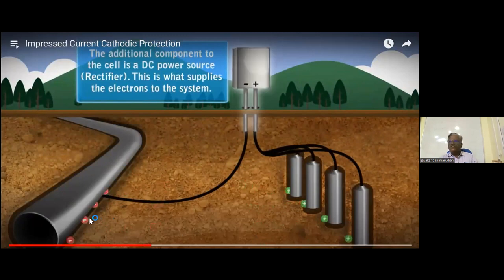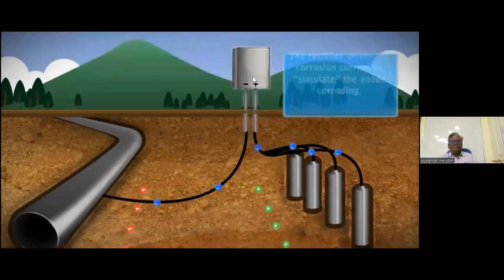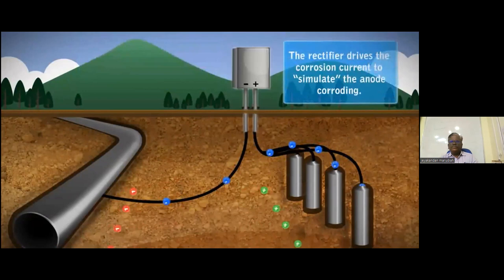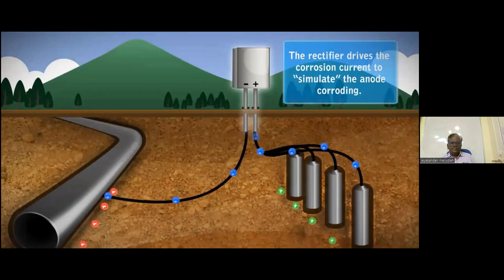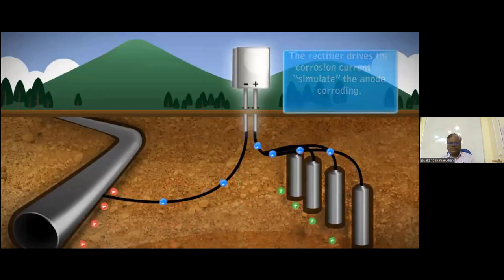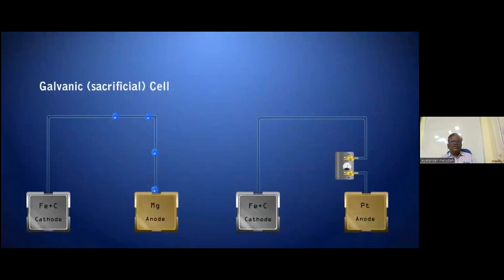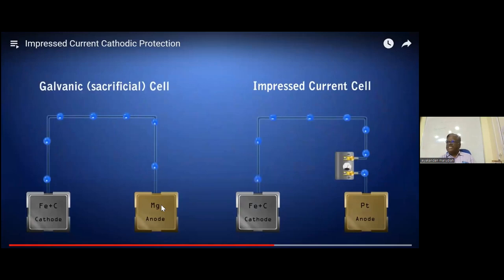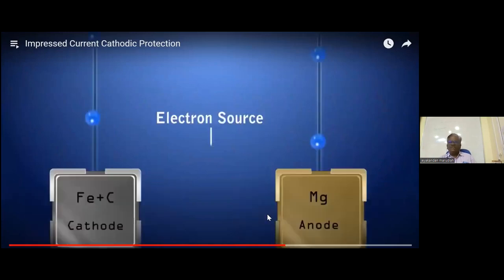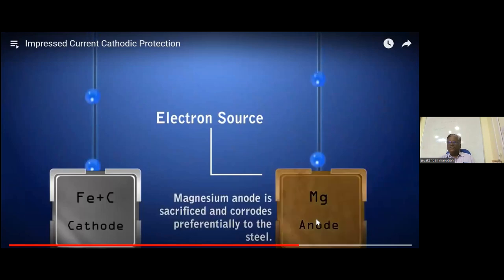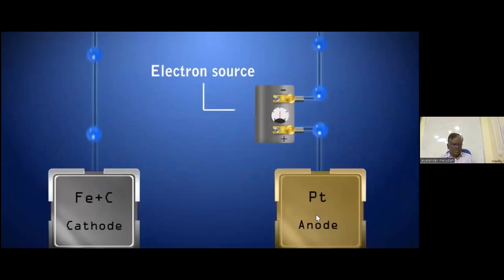From this there will be an electron flow to the rectifier. Now, generally for galvanic we use magnesium or zinc. Magnesium will be used as an anode, sorry. And here we sometimes use platinum also.